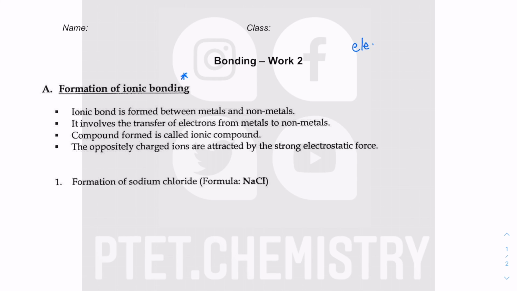So you need to focus on this thing called electrostatic force. So there's the idea of bonding really. So it's an electrostatic force of attraction. The question is, it's between what and what?